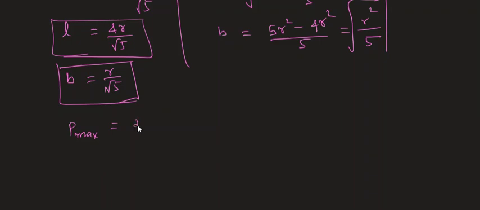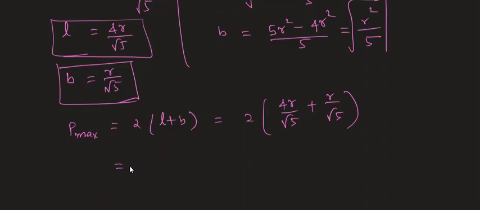So P max is 2 into L plus B, that is equal to 2 into 4r by root 5 plus r by root 5.